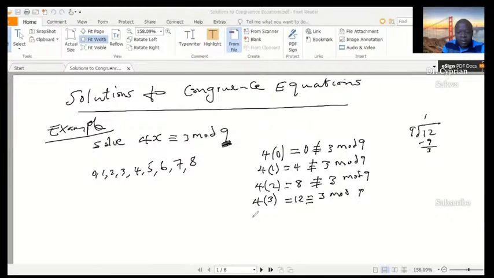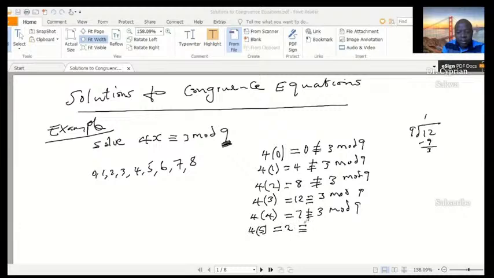What about 4? 4 times 4 is 16. 9 into 16, the remainder will be 7. And 7 is not congruent to 3 mod 9. What about 5? This will be 20. 9 into 20, the remainder will be 2.